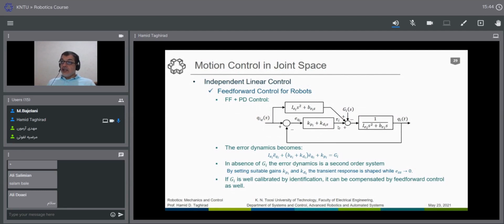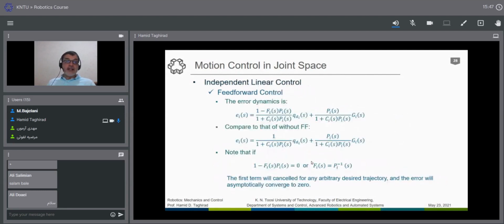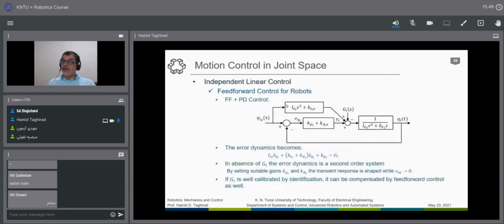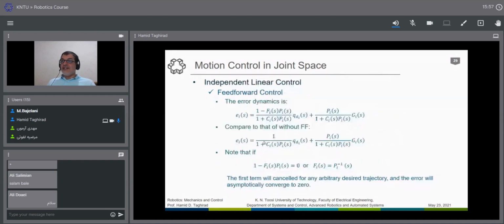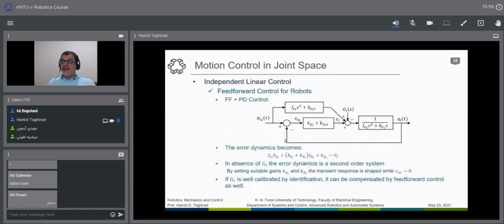Now, if you use this idea of inverse plant as a feed-forward controller for the robot, then you can see that your dynamics would be a linear part, a very good design as before, regardless of what is Gi and what is your other part. And Gi is the disturbance that is coming to the system.